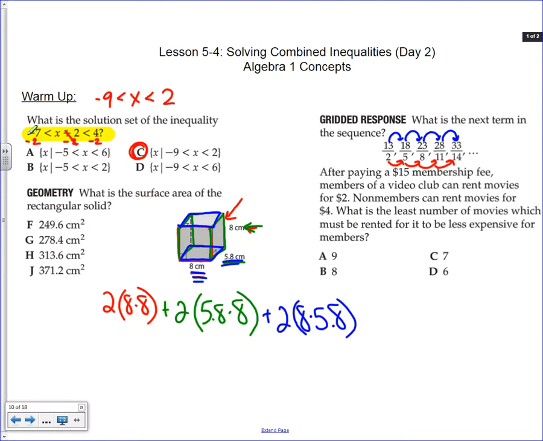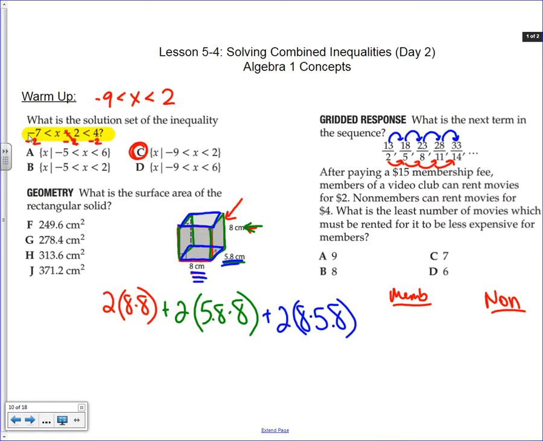After paying a $15 membership fee, members of a video club can rent movies for $2. Non-members can rent movies for $4. What is the least number of movies that must be rented for it to be less expensive for members? We have 2 different situations here, members and non-members.